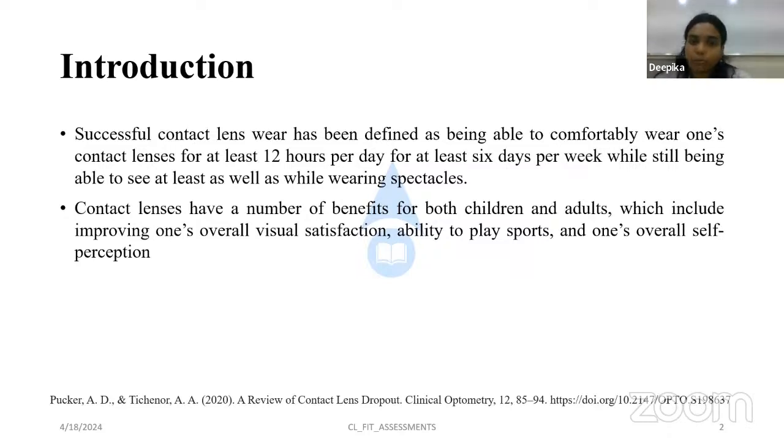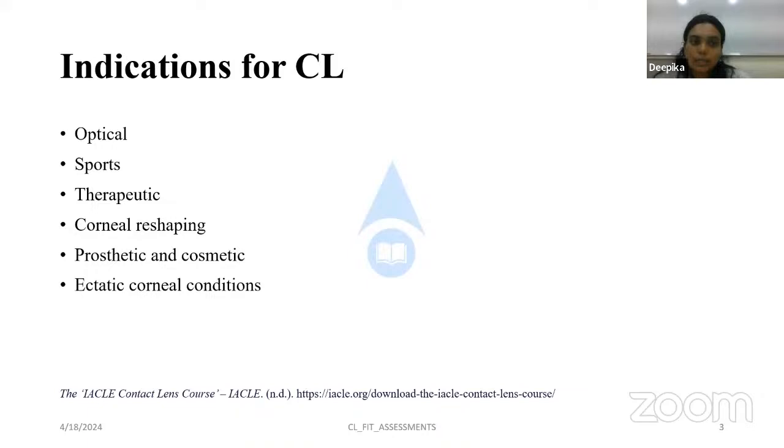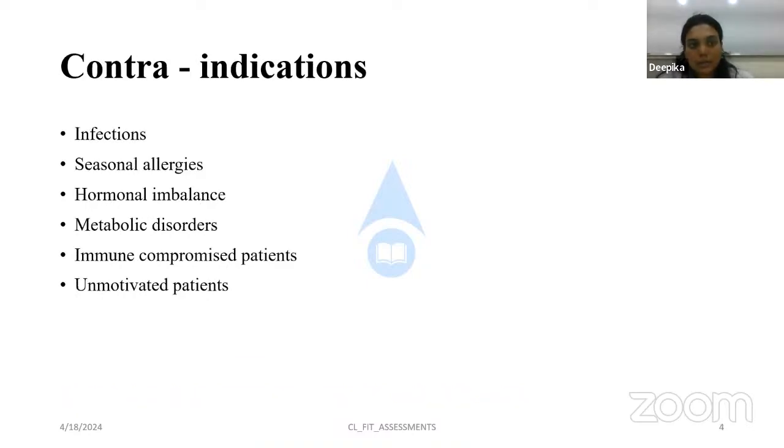Contact lenses have a number of benefits for both children and adults, which include improving one's overall visual satisfaction, ability to play sports, and overall self-perception. Indications of contact lenses are optical, sports, therapeutic, corneal reshaping, prosthetic and cosmetic, ectatic and corneal conditions. Contraindications: infections, seasonal allergies, hormonal imbalance and metabolic disorders, immune-compromised patients and unmotivated patients.